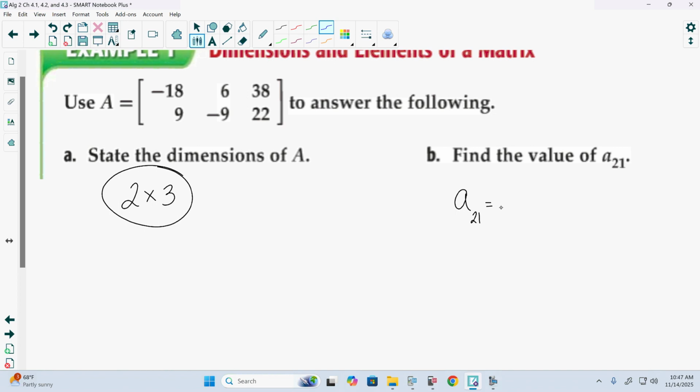Second part of this question is asking us to find element a21. So that's second row, first column. So we're going to go to the second row, move over to the first column, which would be 9. Because the number in the second row, first column is 9. So a21 is 9.